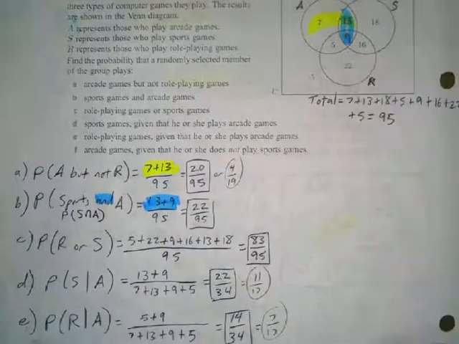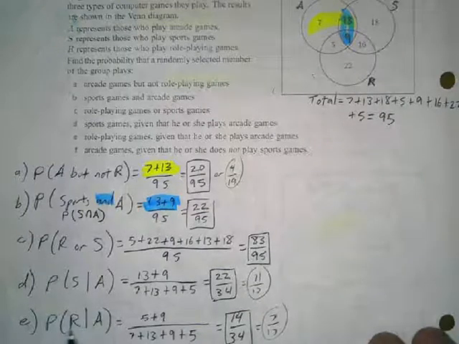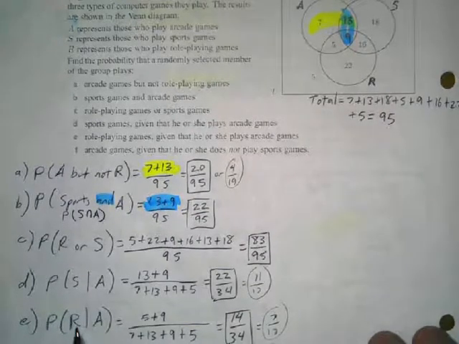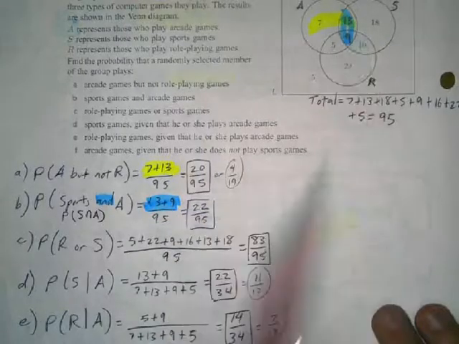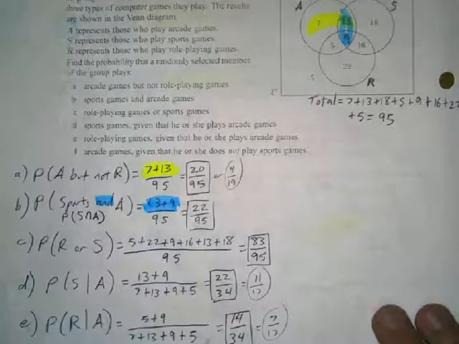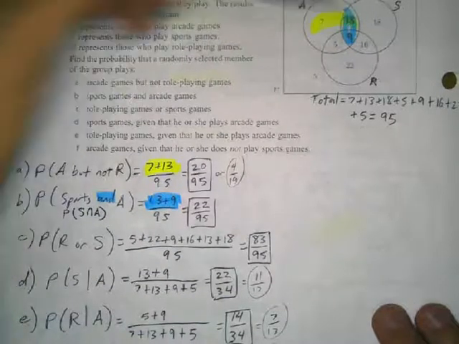Okay, the probability that it's a role-playing game given that he plays arcades. Once again, my denominator is 7, 13, 5, and 9, because that's all the arcade game people. And the probability that they're role-playing is 5 and 9, which is going to be 14.